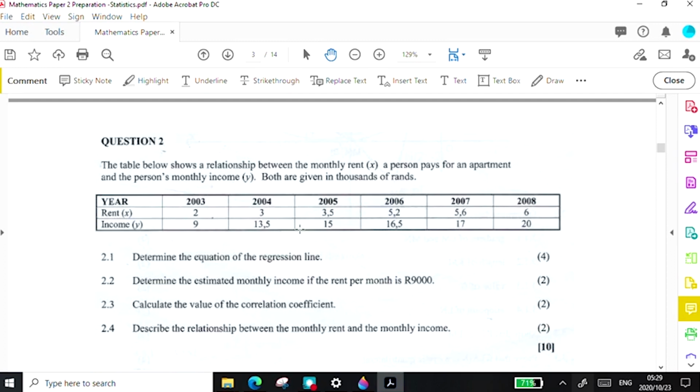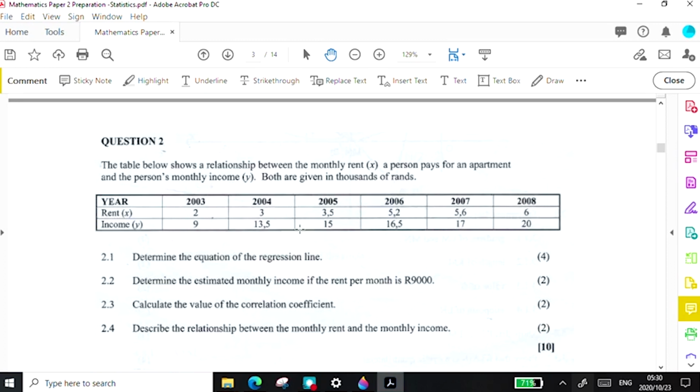With mode, you choose number 2, which says stats. After choosing number 2, you go to number 2, which says A plus B times X, which is your regression line. Your regression line is the line Y estimate equals A plus B times X. So you choose number 2.